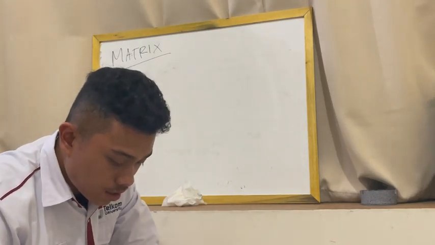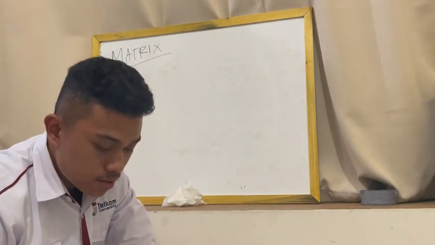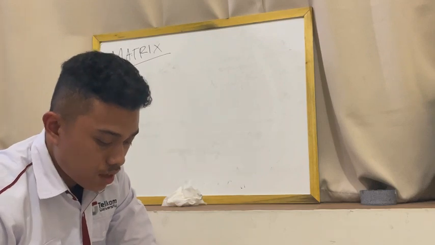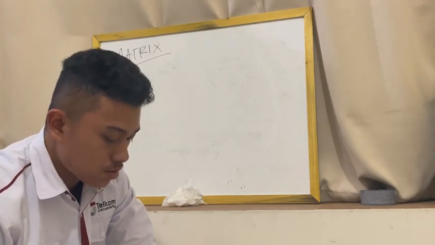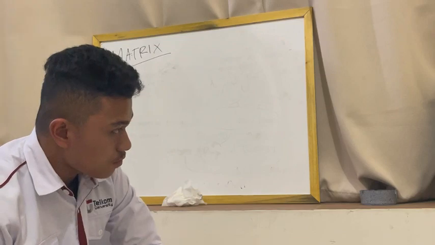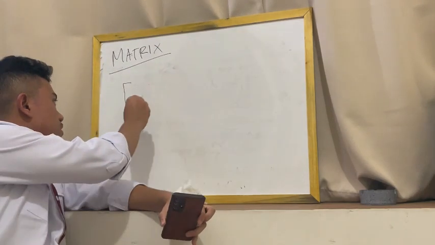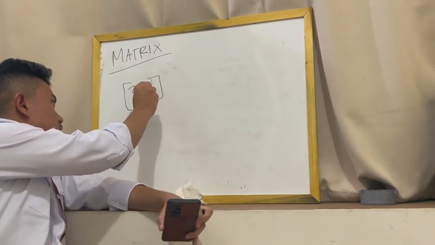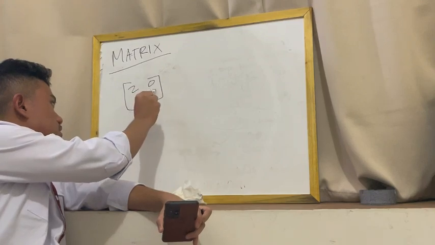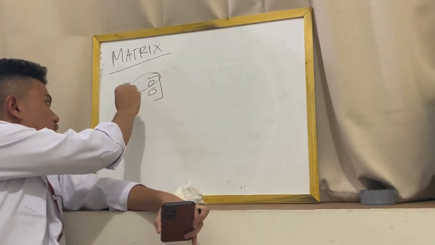Matrix is a rectangular array of numbers, symbols, or expressions arranged in rows and columns. For example, this is row, this is columns.